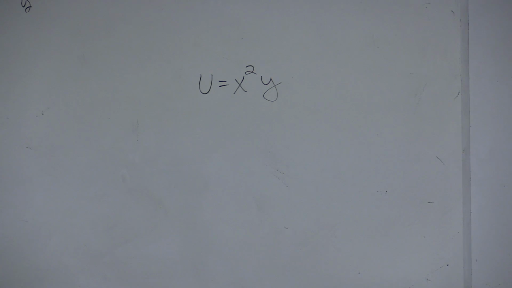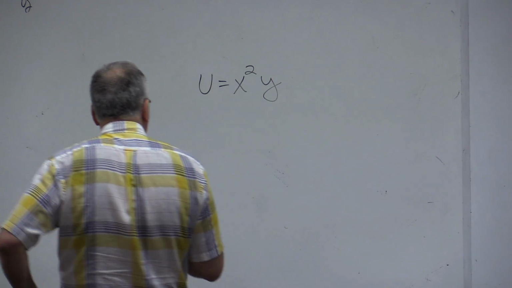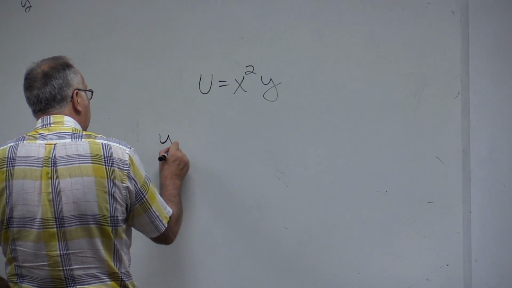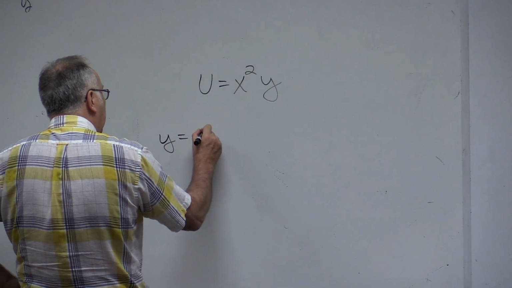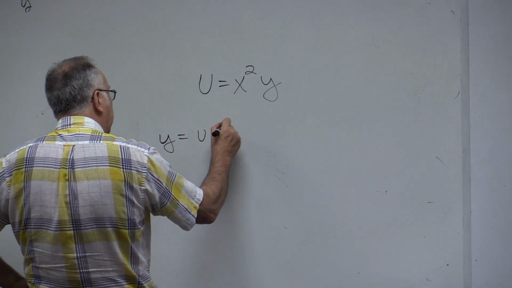The easiest way would be to look at the indifference curves and show that each indifference curve is strictly convex. So I could rewrite this utility function this way. Y is equal to U times x to the minus 2.